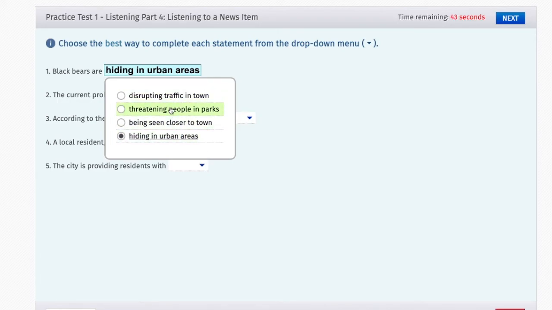Similarly, I have here this answer: threatening people in parks. Now, this answer is maybe a higher level mistake, because some higher level students could assume the word threatening because they heard the vocabulary or they heard the topic about the bears going into the garbage of city residents.